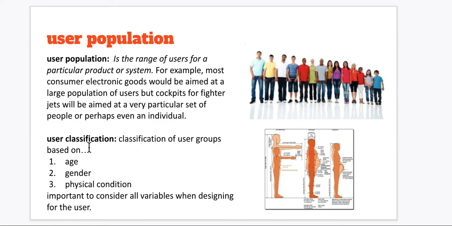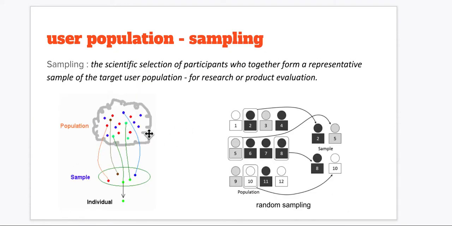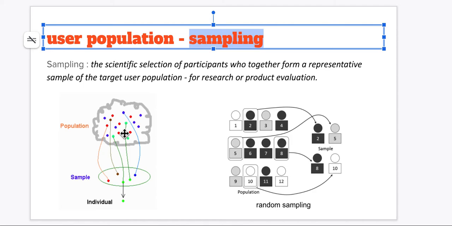So, user population, classification, and then the next thing is called sampling. Say you want to make an electronic device. You've got this massive population that you could possibly be advertising for or trying to get people to like. But if you're researching, you do what's called sampling.